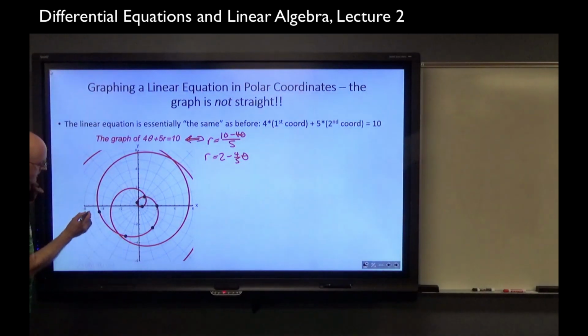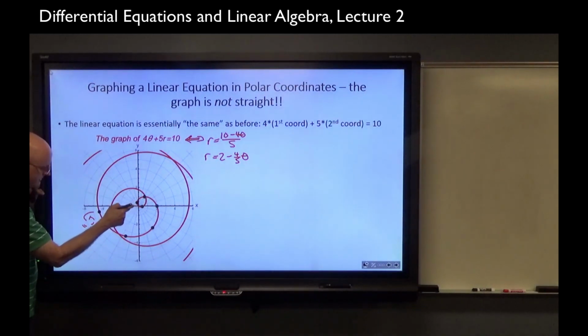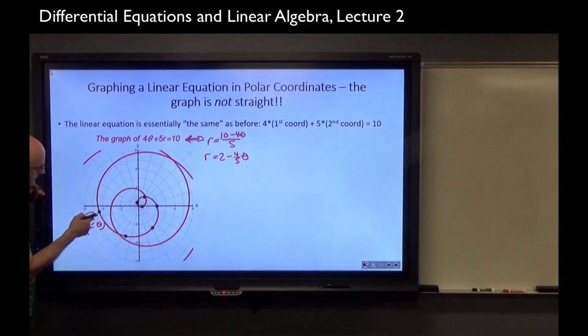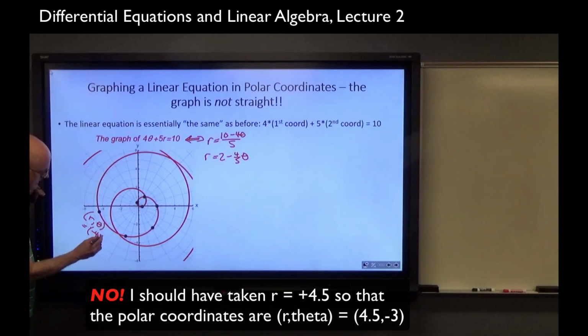The first point over here has polar coordinates r, theta equal to about, well, r is the distance to the origin there, negative 4.5, I guess, pretty close. And theta, that's actually negative 3 radians.